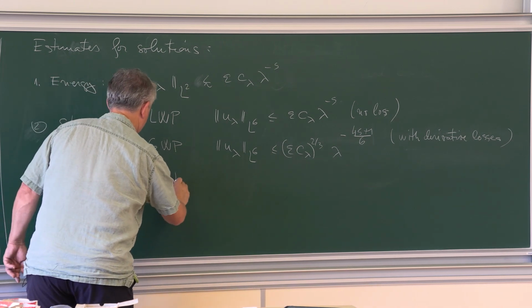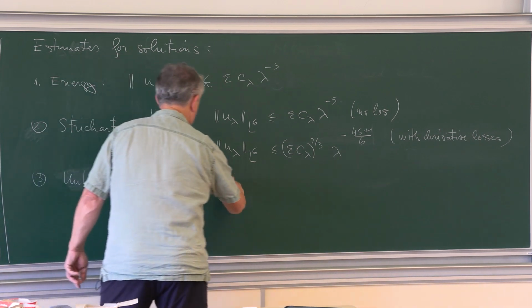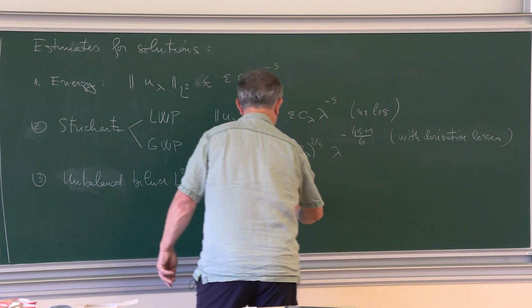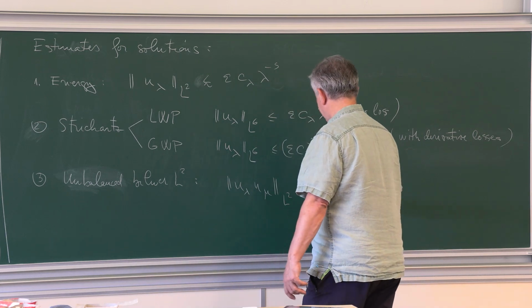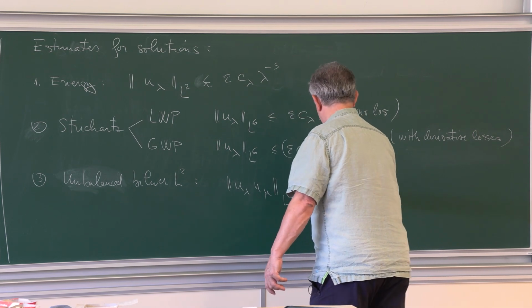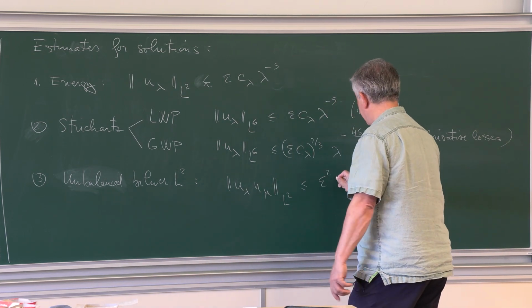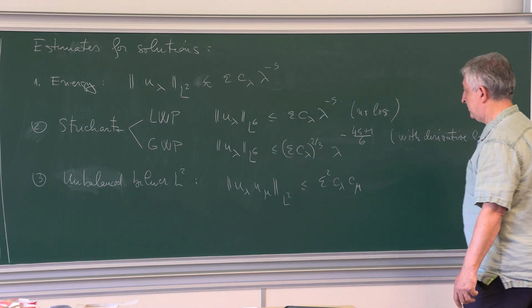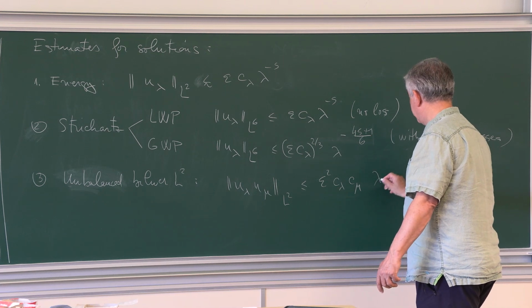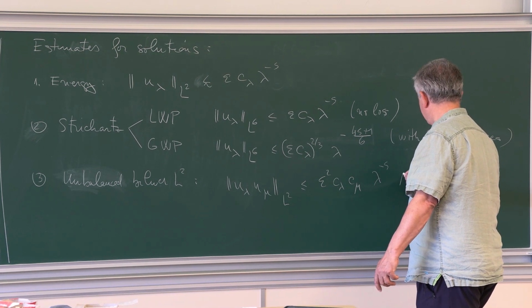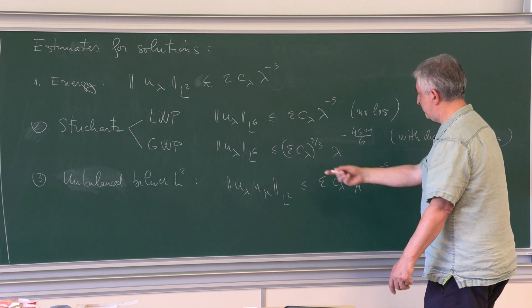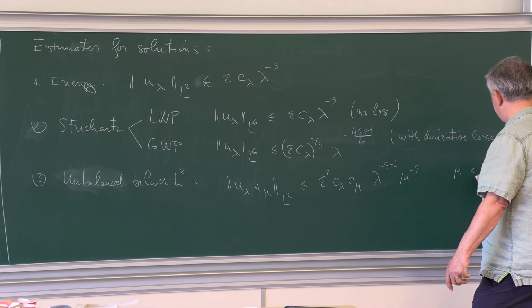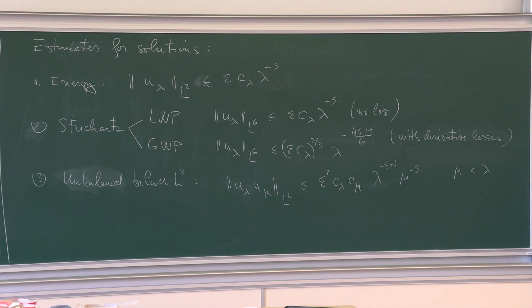Bilinear L2. So this means that the norm of u_lambda u_mu in L2 is smaller than epsilon squared, 1 from each, c_lambda c_mu, 1 from each, lambda to the power minus s, mu to the power minus s, and then you have a gain from the bilinear, and this is minus 1/2, assuming that mu is smaller than lambda.